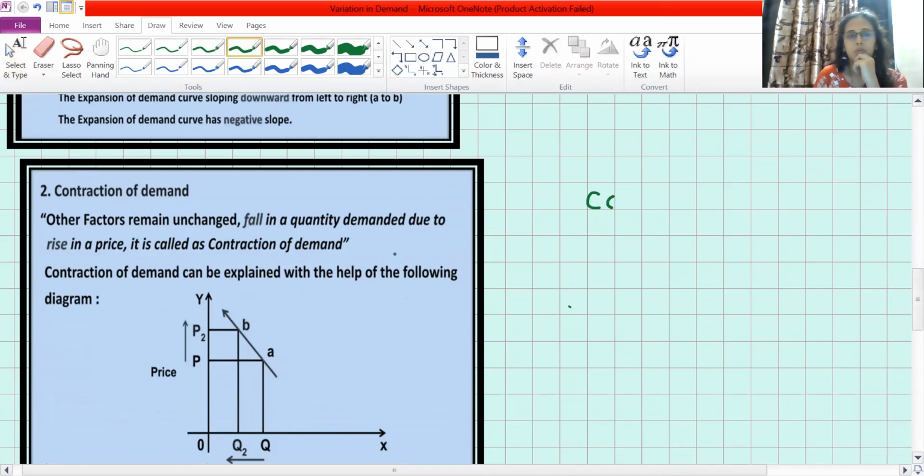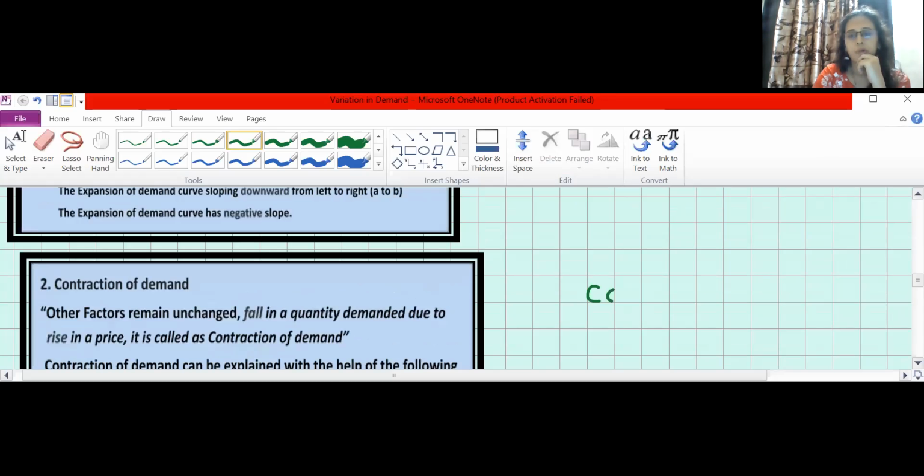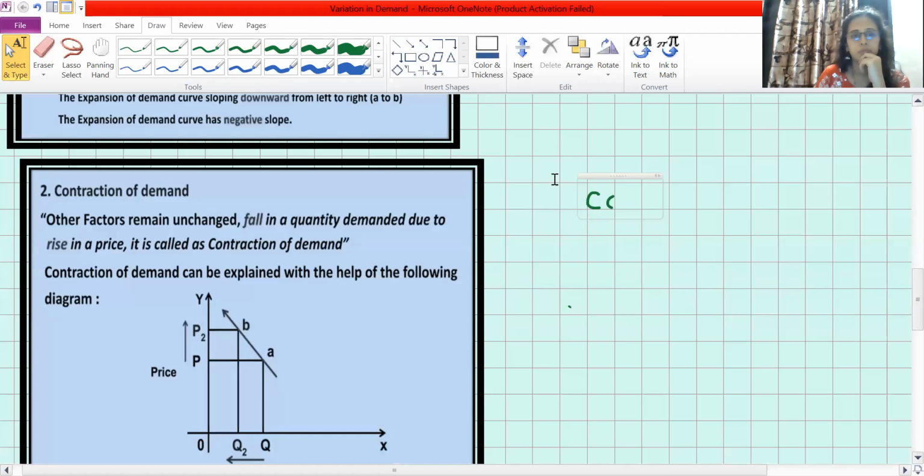Now we are talking about contraction of demand. Contraction means demand is going to reduce, and demand reducing means obviously your price will be increasing.